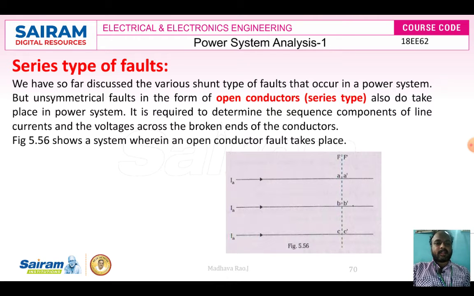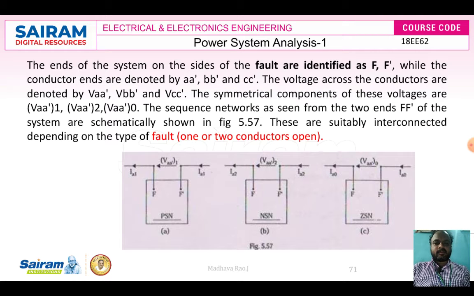To analyze this series type of fault, we need to determine the sequence components of line currents and line voltages across the broken end of the conductors. Here we can see the three lines A, B, C connected to the power system. Fault takes place at one conductor.